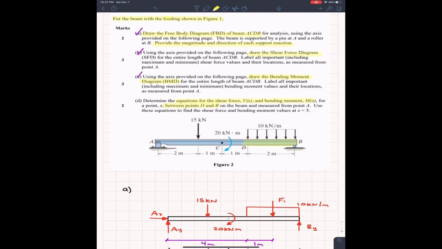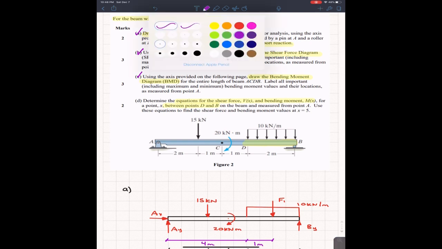Now, when I'm finding equations, and I said this a lot in my lecture, I don't like to actually cut the beam, because remember, we can cut the beam to find them, or we can just do integration. And integration is always the best. Integration is always kind of nice and easy. However, that only works if we're doing kind of quick calculations.